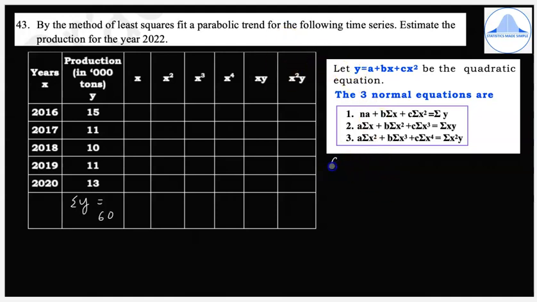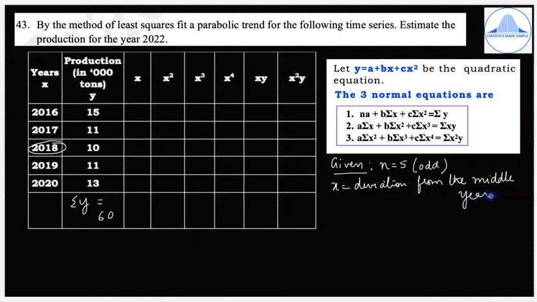So the number of years given is 5. So I'll write given n is equal to 5, and 5 is an odd number. So now we have to find the middlemost year, that is 2018. So x is equal to the deviation from the middle year, whole divided by h, where h is nothing but the difference between the years.